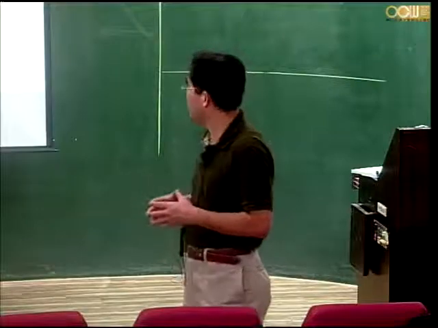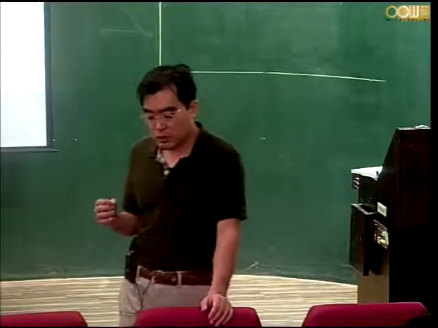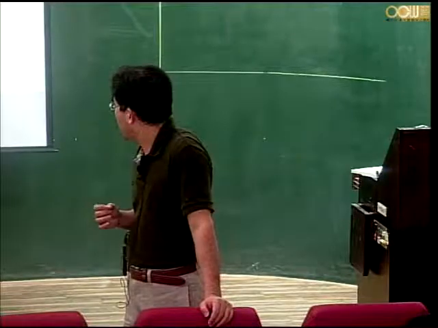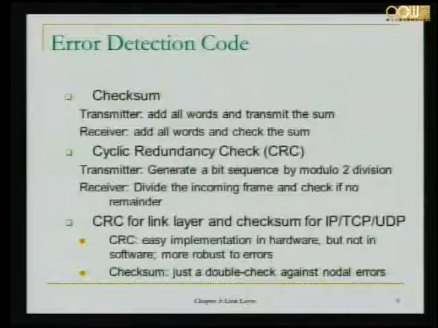We use checksum mainly to detect nodal errors, mostly memory errors, and sometimes protocol processing errors. So it's an additional check or double check, and for that kind of double check, we use a simpler mechanism.